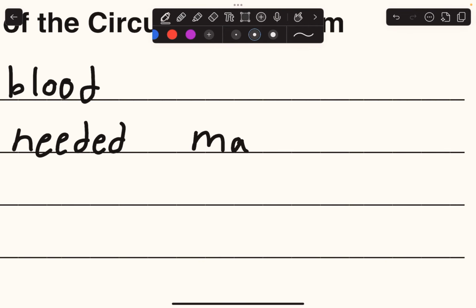So now every part of the body gets nutrients and water, and then the blood specifically drops off this water at the kidneys. Now the kidneys filter this water from the blood, and you urinate it out through the excretory system.